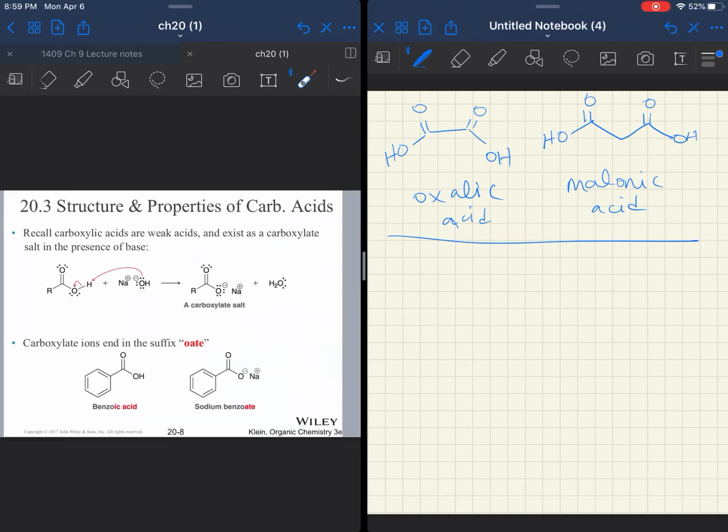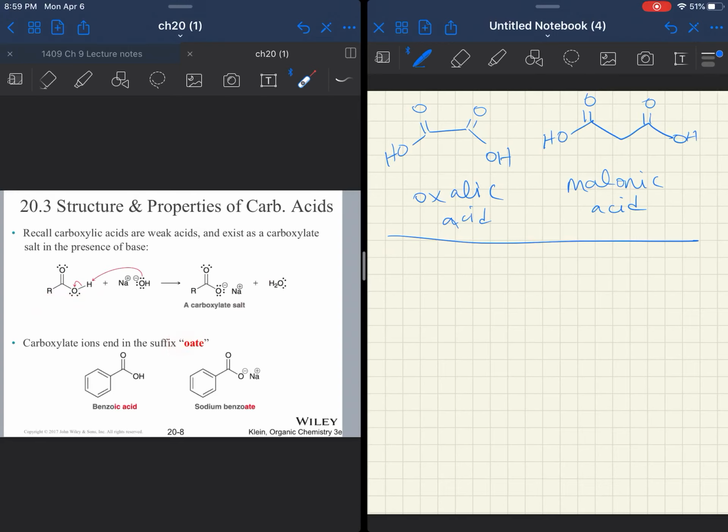This is going to, unsurprisingly, result in higher boiling points. So carboxylic acids tend to have higher boiling points than similarly sized alcohols. They're also called acids because they are acidic. It is not that hard to pull a proton off of your carboxylic acid. In fact, it's a lot easier than even an alcohol.